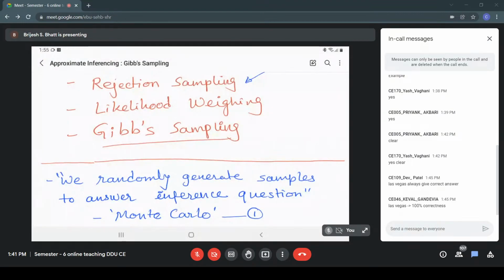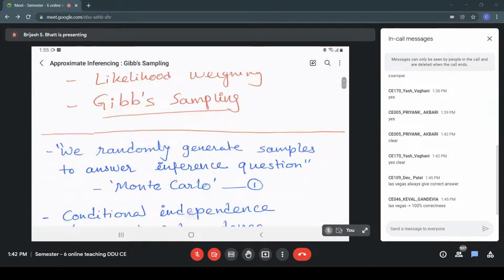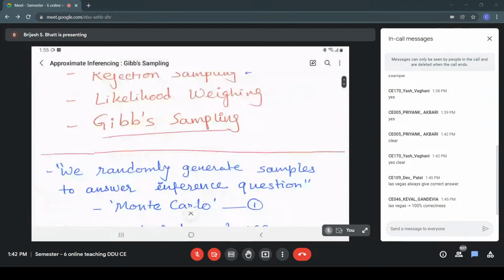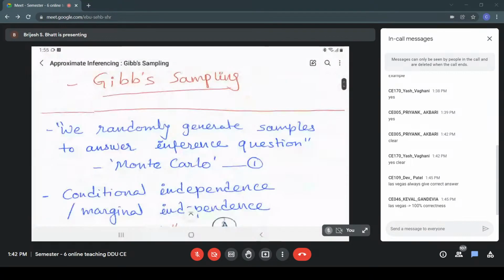Las Vegas always gives the correct answer, but running time can be variable. On the contrary, Monte Carlo may give a wrong answer, but running time is always fixed. So in our sampling techniques, our samples are always generated in constant time, though some samples may not be good, but we can generate them. So that is called the Monte Carlo idea.